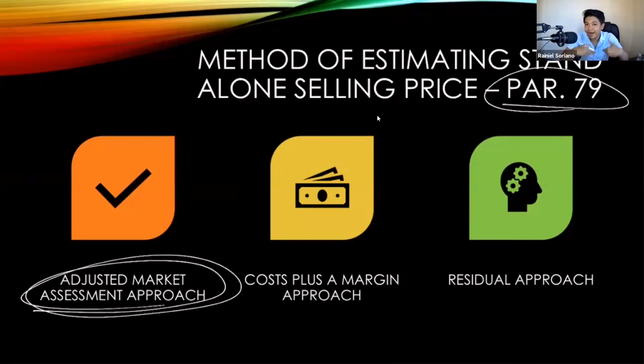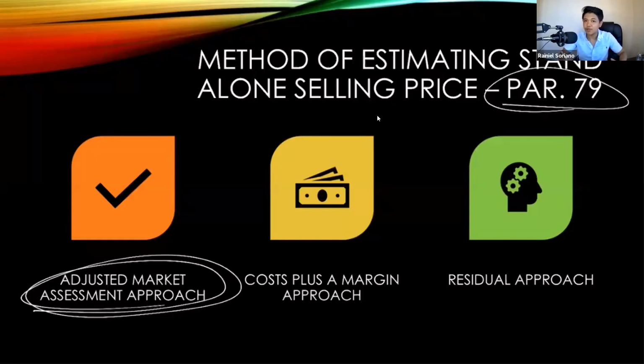Why? Because the price of the competitors will be the amount that the customer are willing to pay for your product. Let's say another company is selling an iPhone product, right? If you are selling an iPhone product and wala siyang standalone selling price, see to it na mag-estimate tayo. Okay? So if the competitor is selling the product at sabihin na natin 60,000 pesos, see to it that you cannot sell your product at an amount above 60,000 pesos.